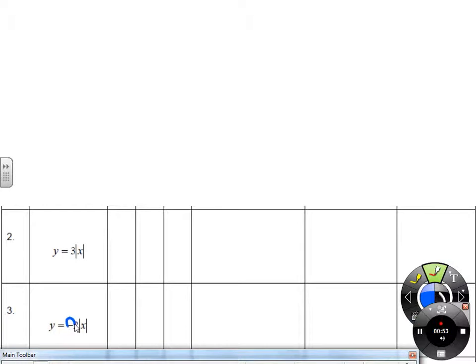And do you guys remember from your transformation sheet what multiplying by a negative, what transformation we said that was for a function? It was a reflection. All right, so that's why it was getting flipped instead of upward. The v was all of a sudden going downward. So would you guys say that this reflection was horizontal or vertical?